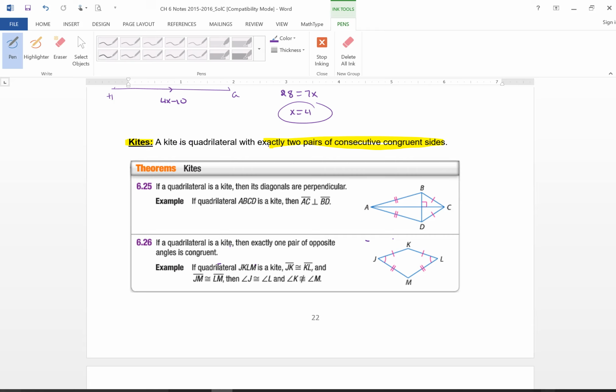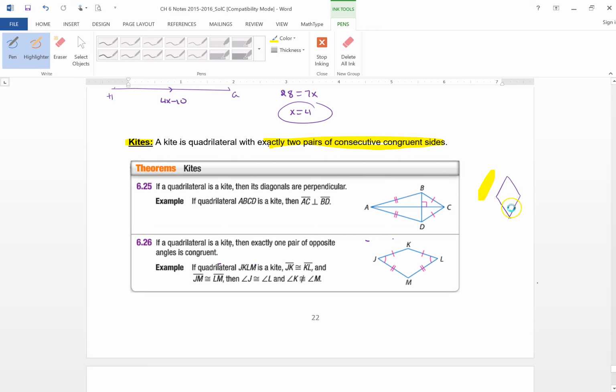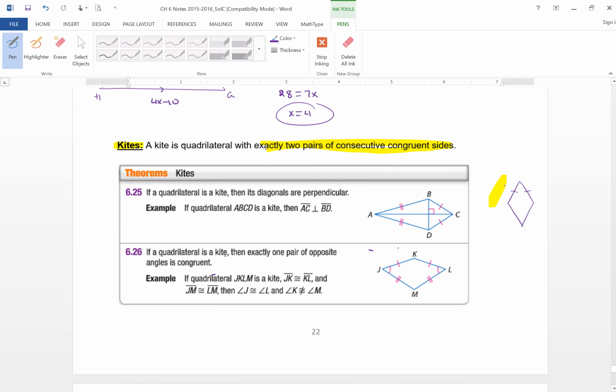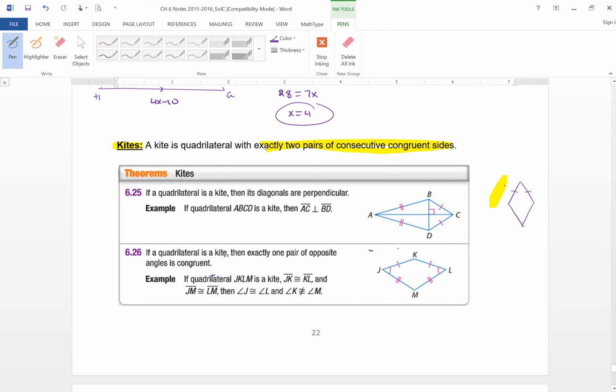Yes? How do you know which sides are consecutive? One after the other, so touching. Well, if you turn the kite around, then it could be these 2. But AB and BC are not equal to each other. If it was these 2 equal to each other, then it would look like this.